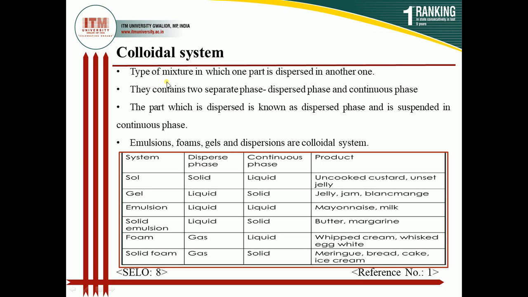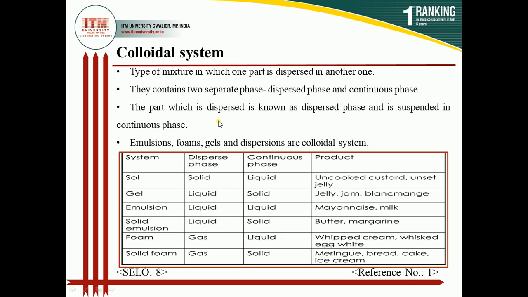the system is separated into two phases. The first one is the continuous phase and the second one is the discontinuous phase. The discontinuous phase is also called the dispersed phase. The part which is dispersed is known as the dispersed phase, and which is suspended is the continuous phase.